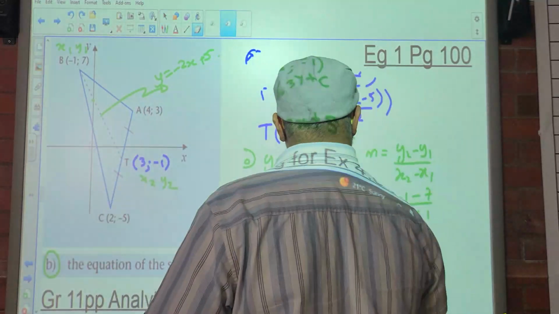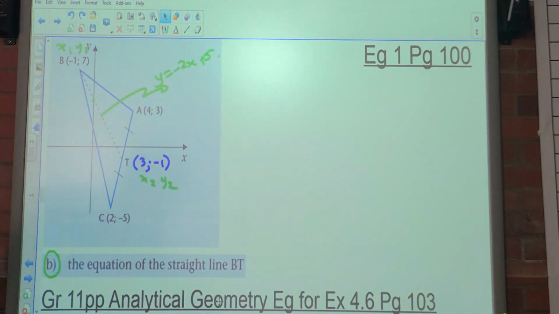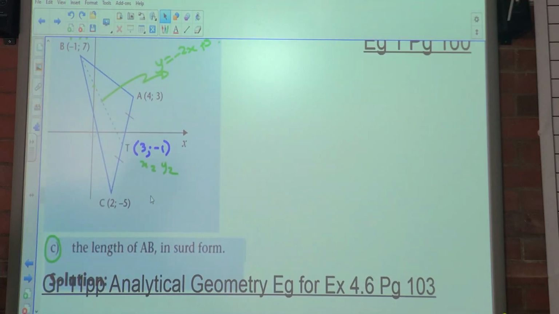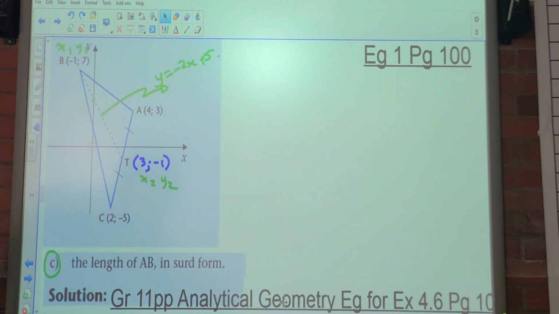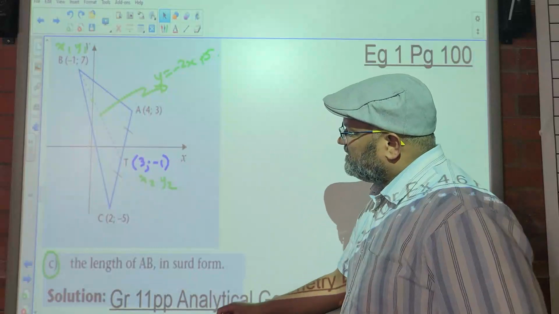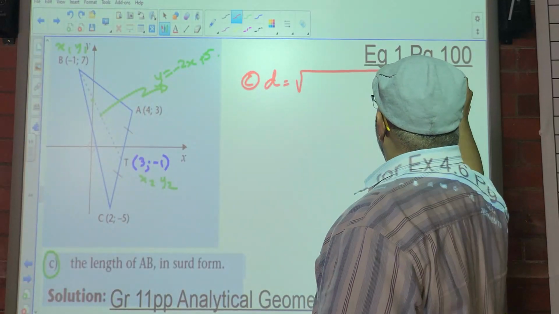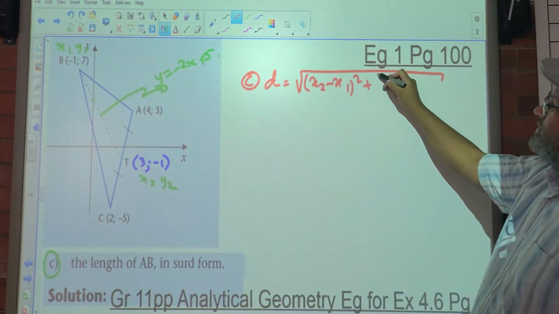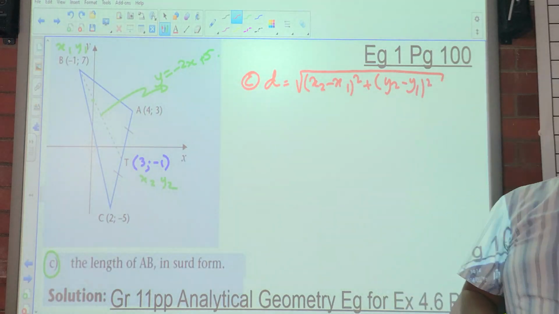Let's look at C. All that we've calculated thus far is on the diagram. They ask you to work out the length of AB. How do you work out length? Distance formula, not so? The distance formula is the square root of x2 minus x1 squared plus y2 minus y1 squared. People, you must learn this for the exam.